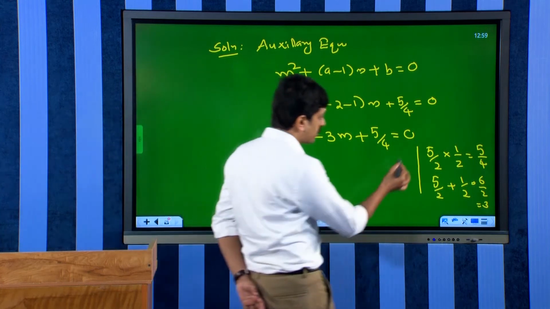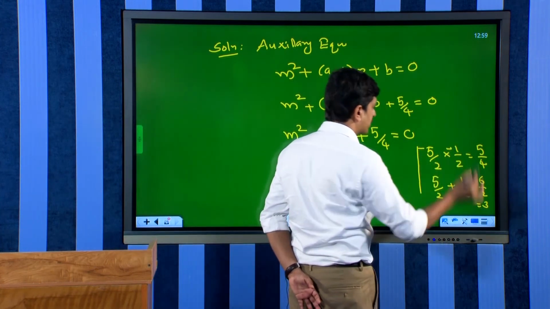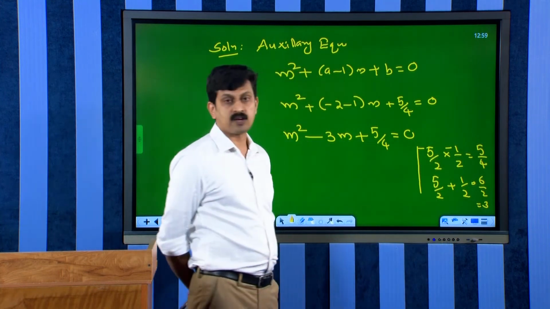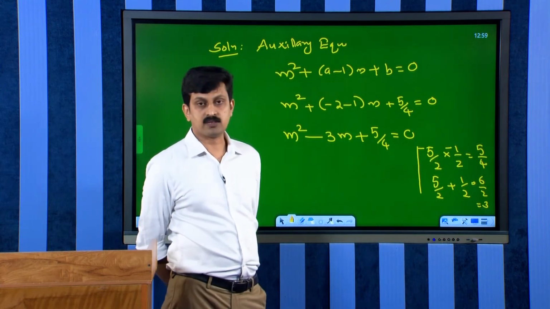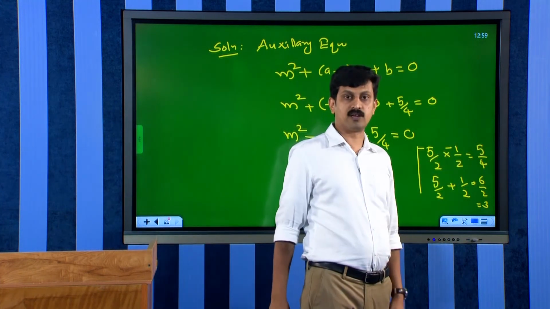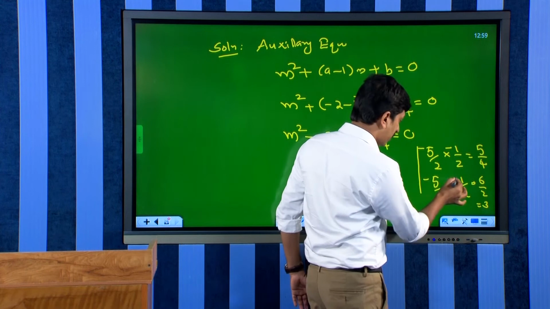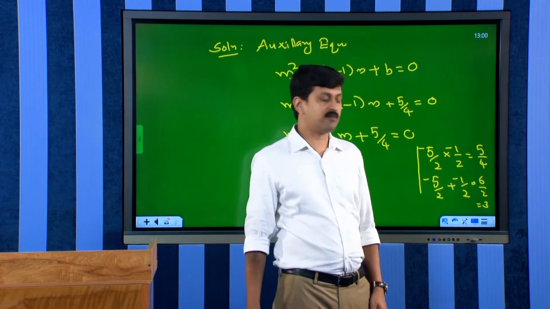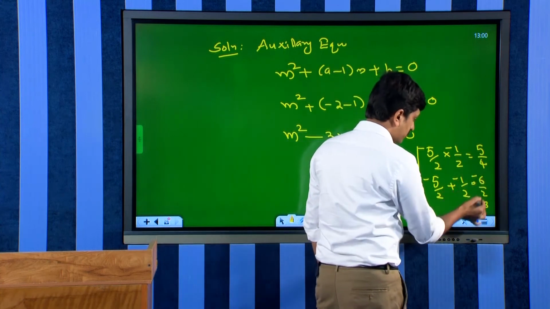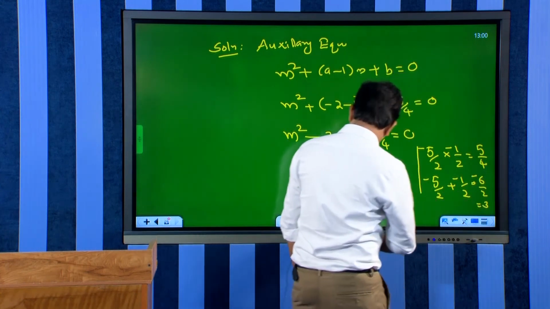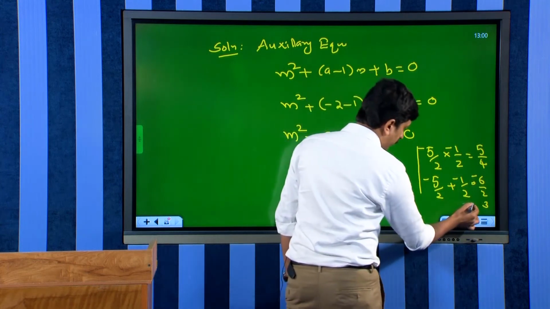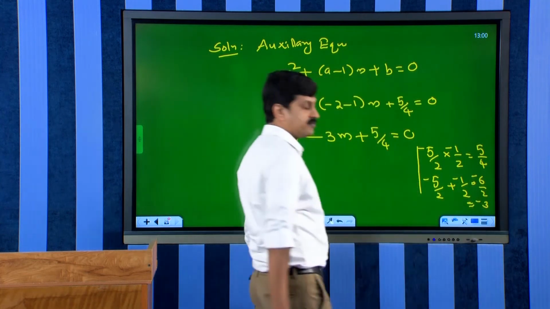So, we can just change the sign: minus 5 by 2 and minus 1 by 2. Multiplying negative with negative gives a positive value, and adding minus 5 by 2 and minus 1 by 2 gives negative 6 by 2, finally negative 3.